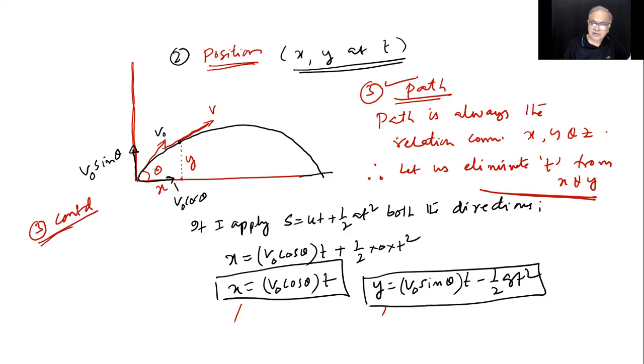Look, I'll take this y expression here. Y equals, what do I get? V0 sin theta. In the place of t, I will put x by V0 cos theta because I want t to go. So t equals x by V0 cos theta, children.